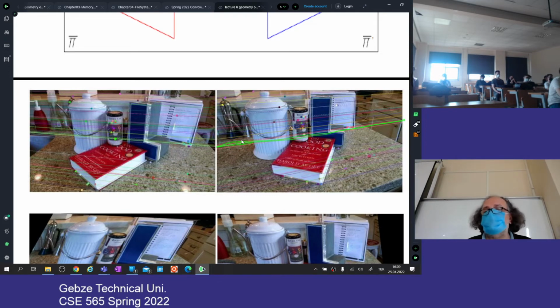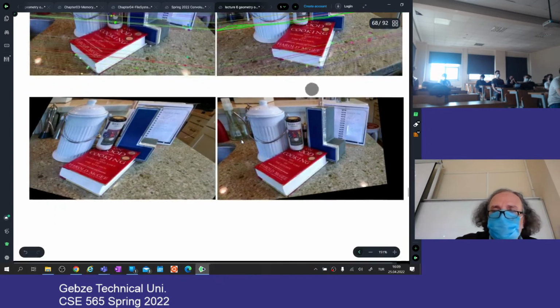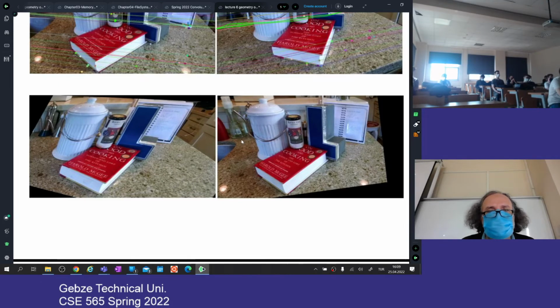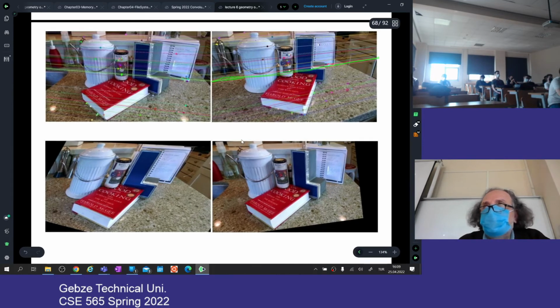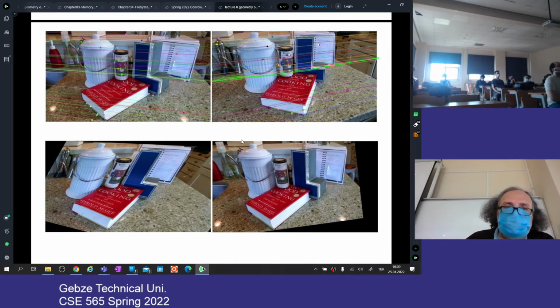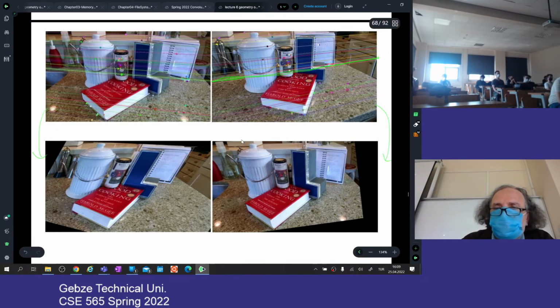But if I transform these images this way, I have two new images now of the same scene. I am not taking new images of the scene. I am just transforming this image to this image. So any point on this line, its correspondence will be on the same line.